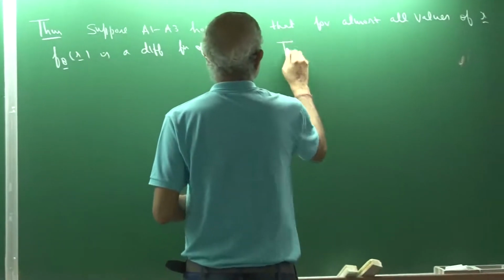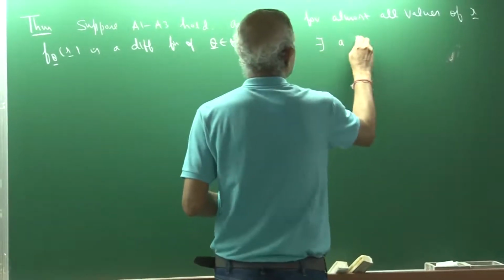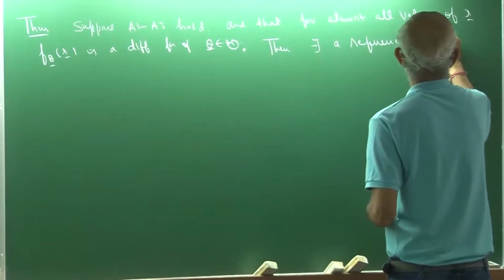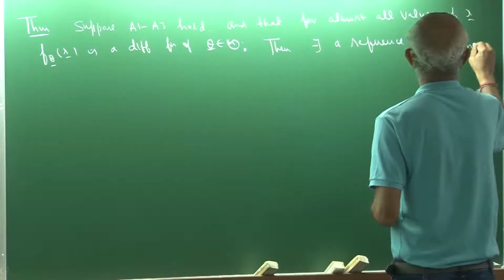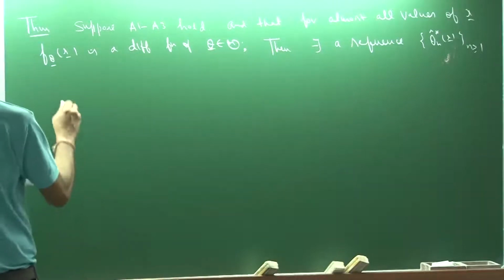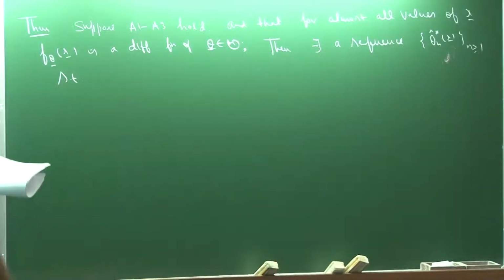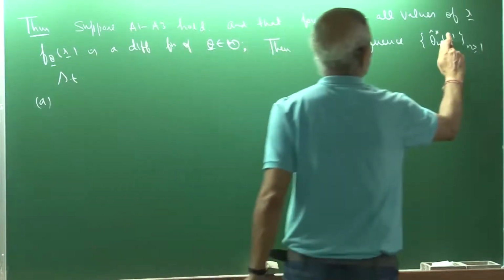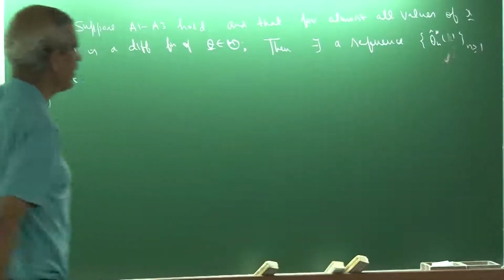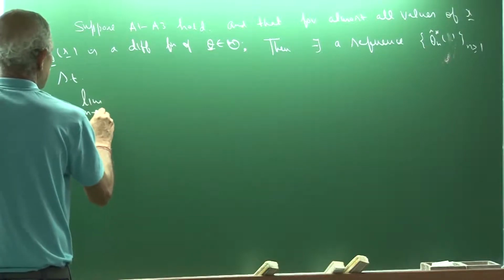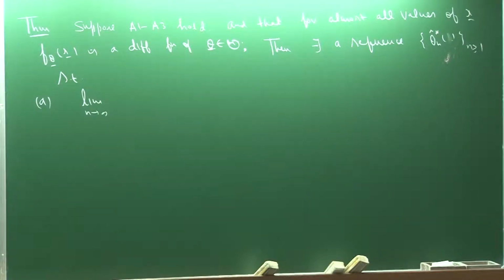Then it says there exists a sequence theta n hat star of x, such that, you can remove x over here because theta n hat star is a function of sample observations, such that limit n going to infinity, probability under theta naught that theta n hat star x is a critical point, that probability is 1 as sample size goes to infinity.